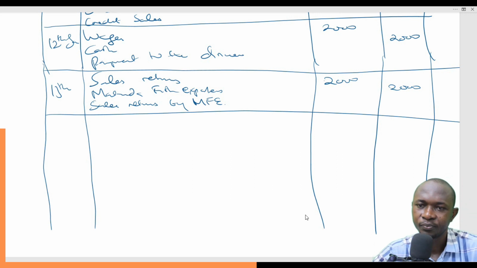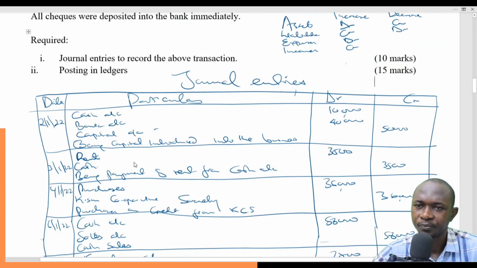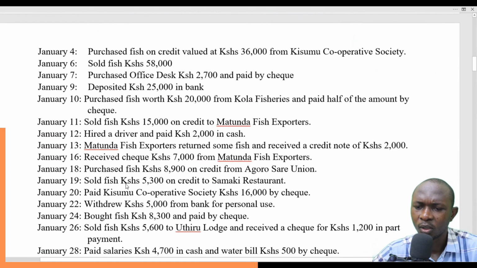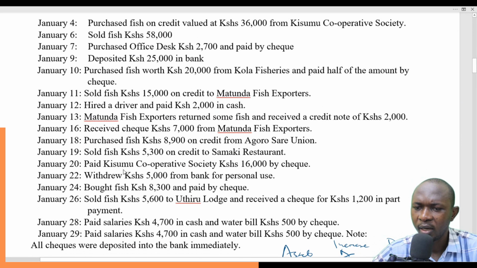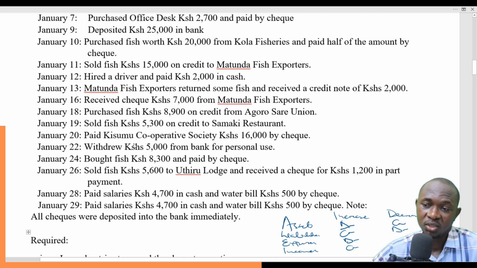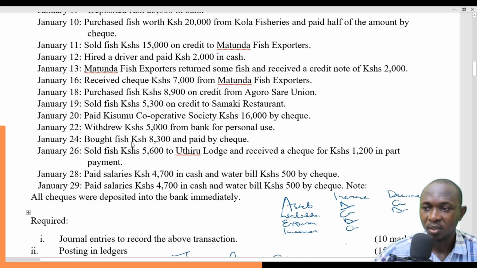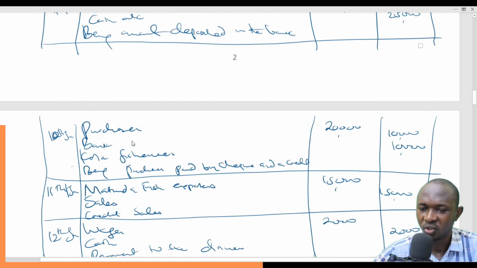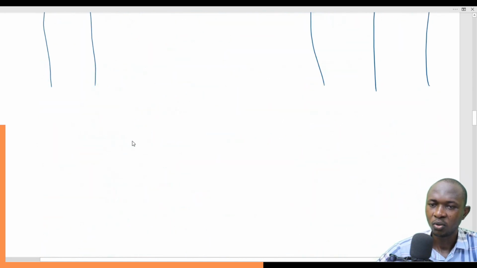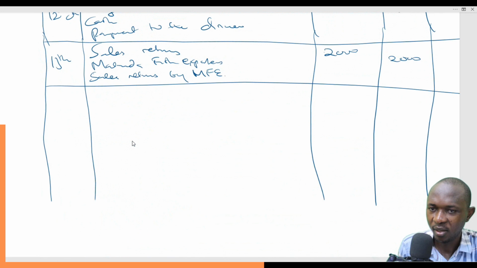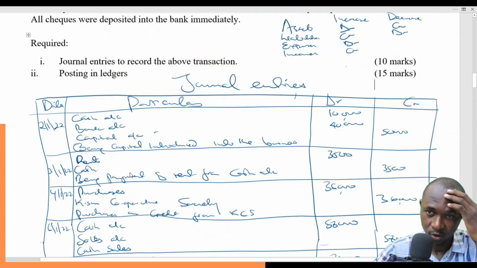Then on 16th, received check 7,000 from Matunda Fish Exporters. So we are the ones who are receiving checks. So we'll debit our bank account and then credit Matunda Fish Exporters to show that Matunda have now reduced their liabilities. The date is 16th.